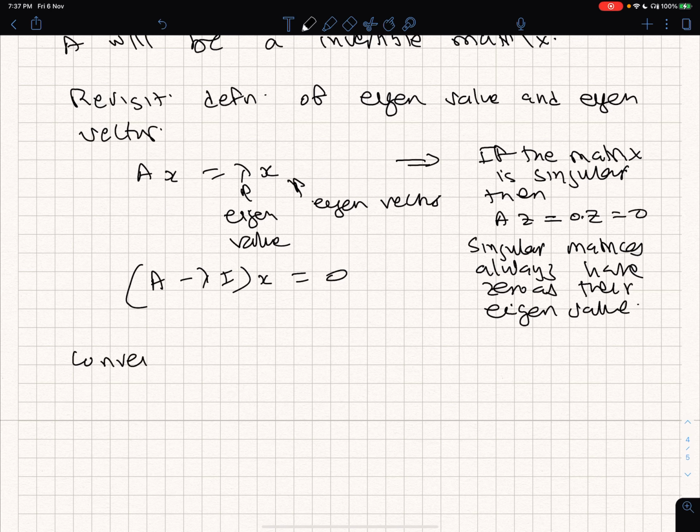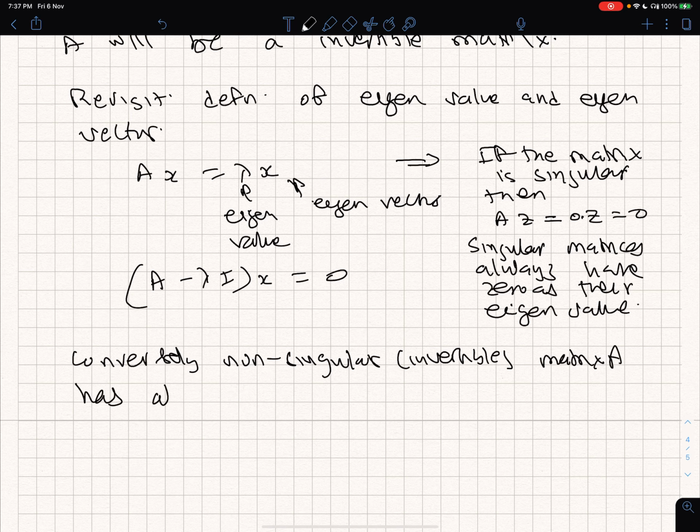Conversely, a non-singular or invertible matrix A has all non-zero eigenvalues. Singular means not invertible, non-singular means invertible.